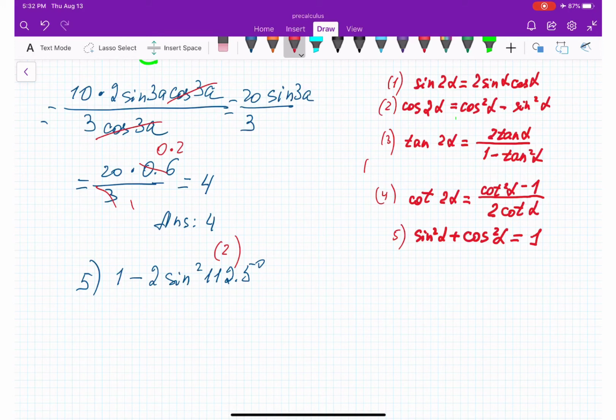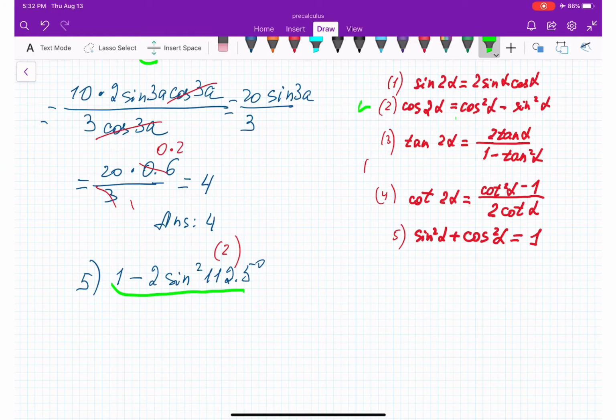Why is that? Because I have the 1 minus 2 sine squared 115. I need to get this notation from the formula, and I can get it from cosine 2 alpha. Why? Because cosine 2 alpha is giving me cosine squared, this formula number 2.